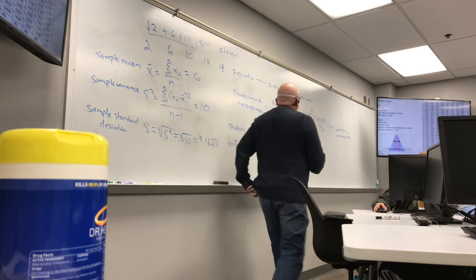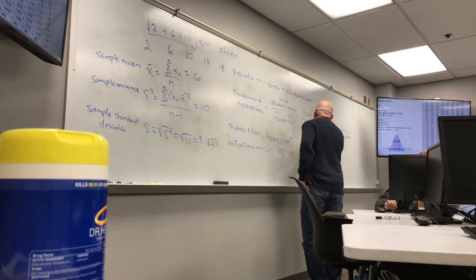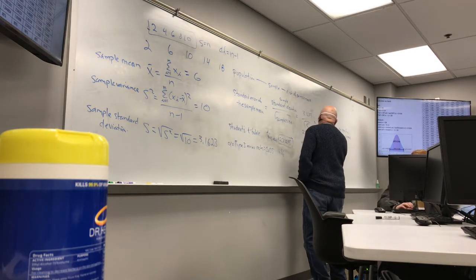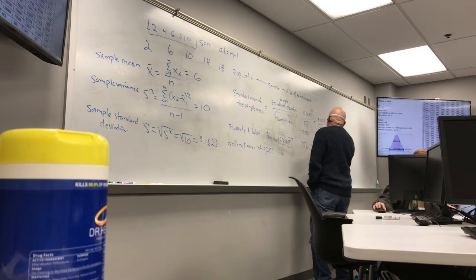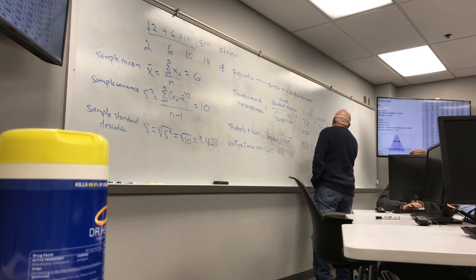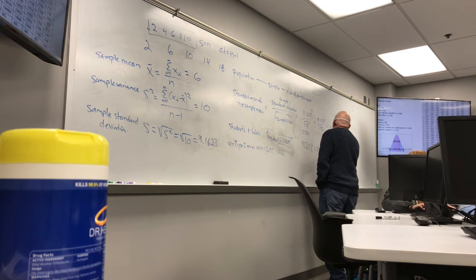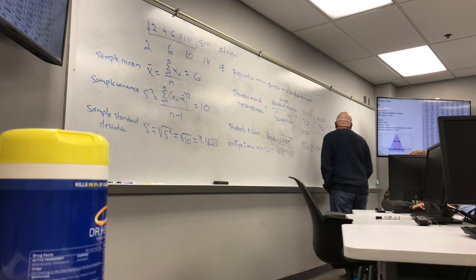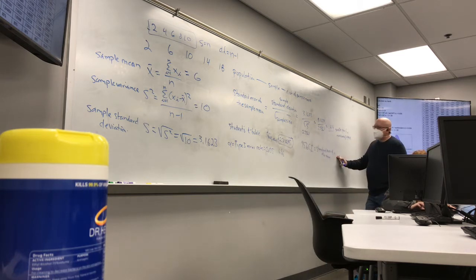So to calculate the 95% confidence interval, you need the standard error of the mean, and you need to multiply that times the t-statistic for your particular alpha level and your degrees of freedom.